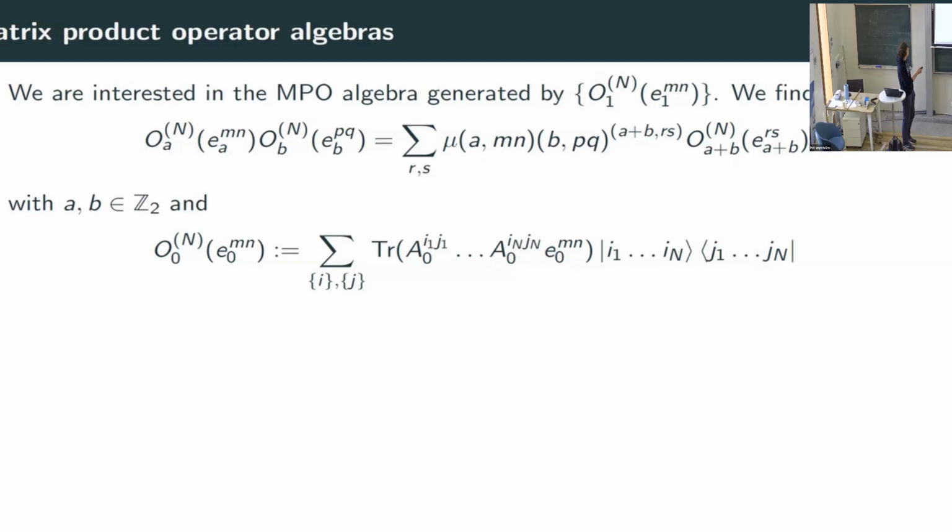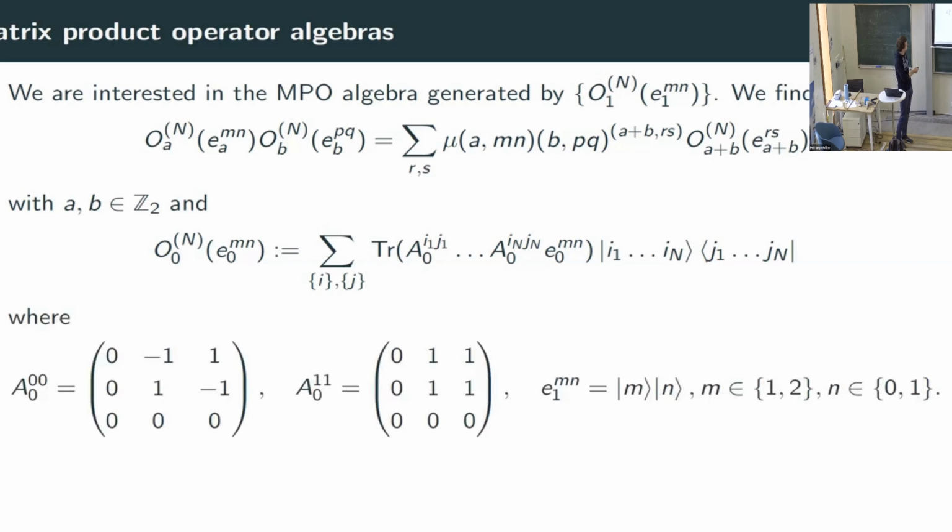So here, imagine a priori taking A and B to be 1. If I take O1 times O1, I will end up with some O0, because I'm defining A and B to be elements in Z2. So if I take this O1 times another O1, I will get some O0. But this O0 is defined here.